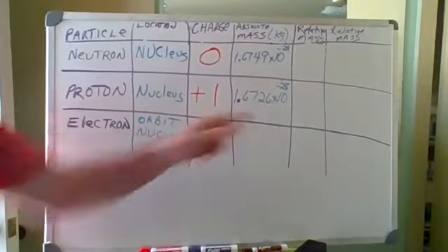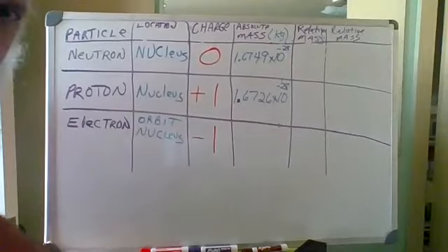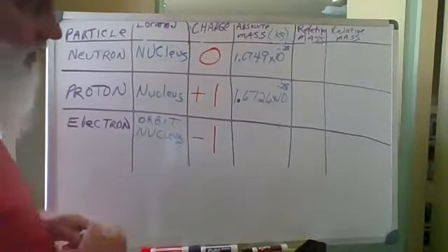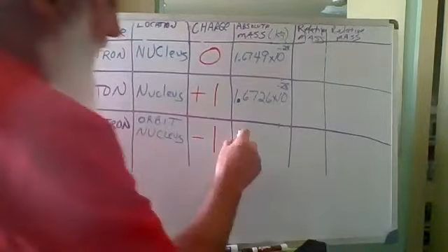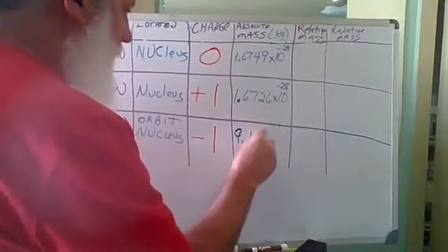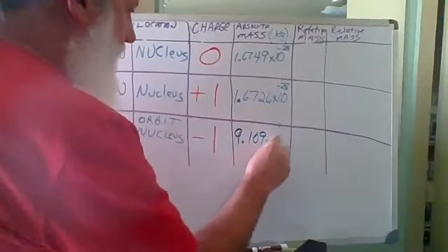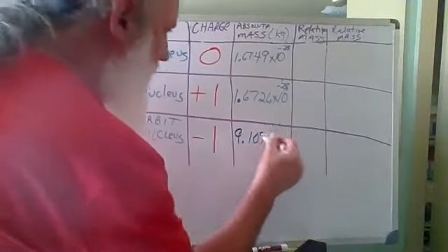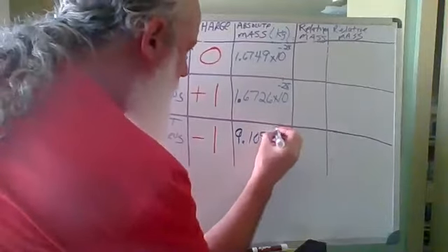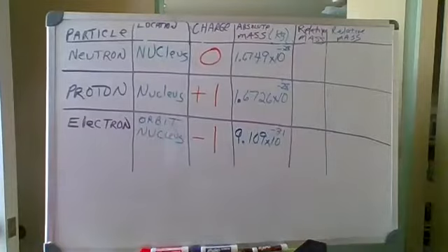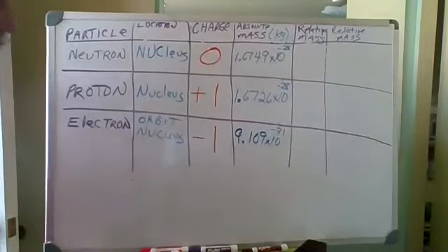Okay, can you folks actually read these numbers without me saying? Yes. Okay, and the electron is a lot less massive. 9.109 times 10 to the negative 31st kilogram.